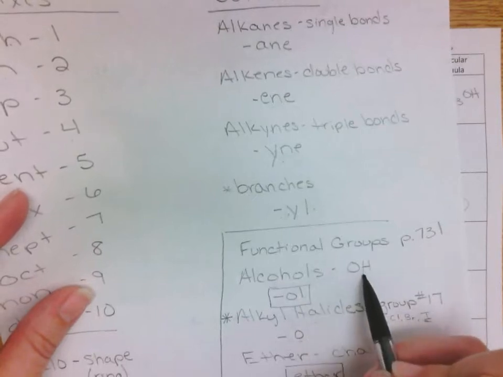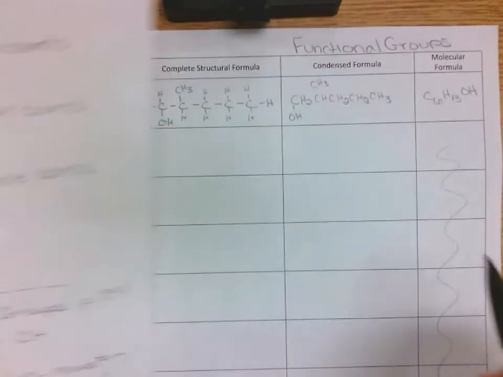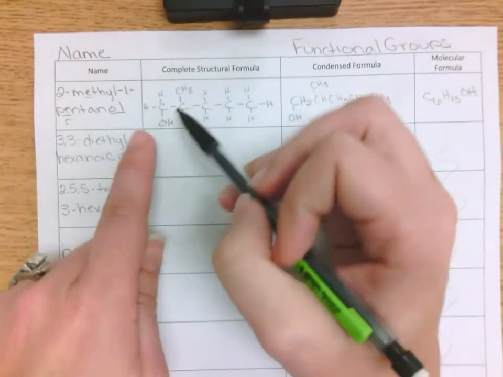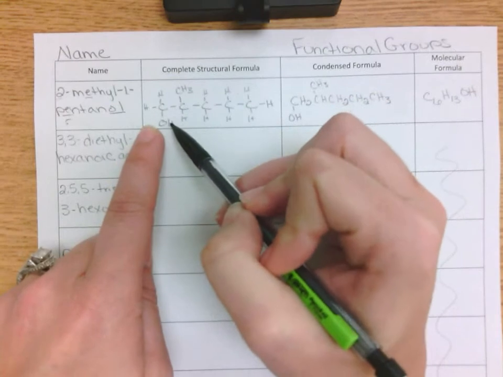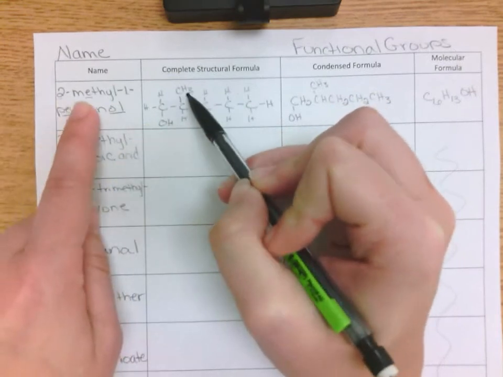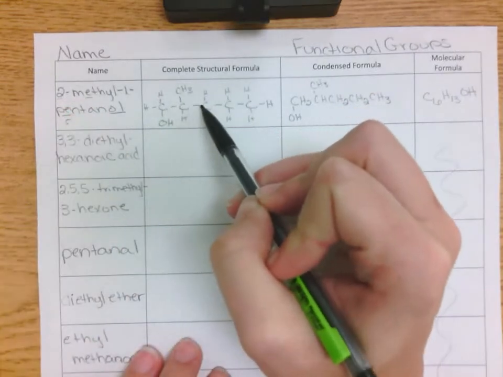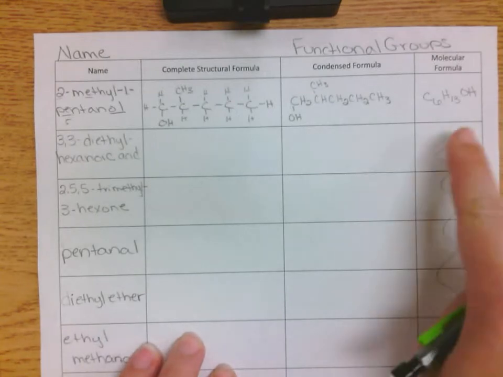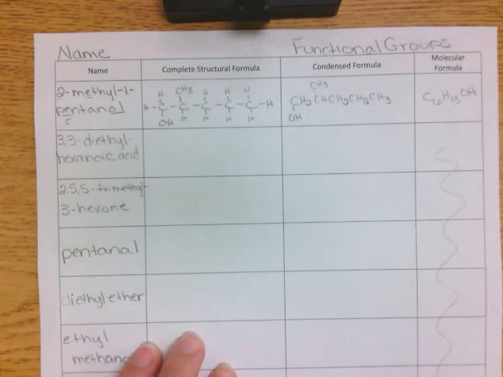It has an OH attached somewhere. Well, here it's a 1. So on the very first carbon, I have an OH. That's my alcohol. On my second carbon, I have a methyl, and then I should have a chain of 5 with single bonds. So that is pentanol. On these functional groups, I'm not worried about molecular formulas, so that's why I marked all of this out.